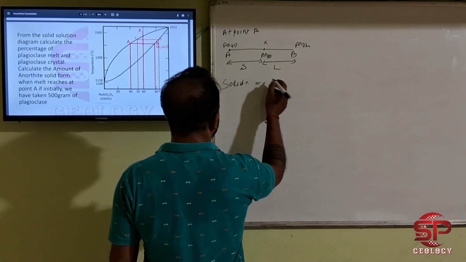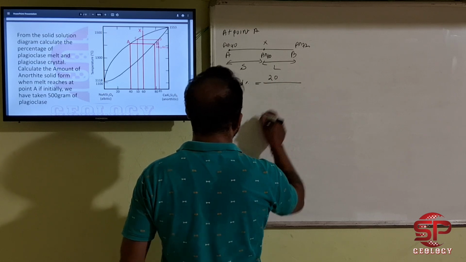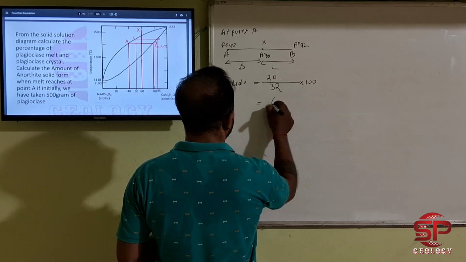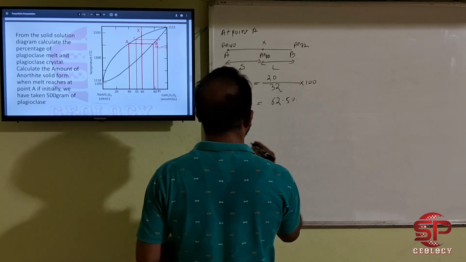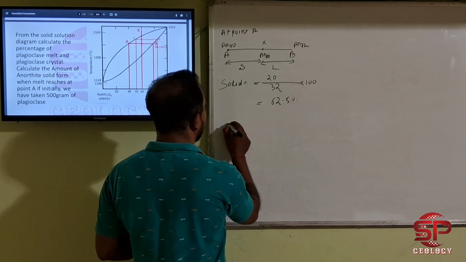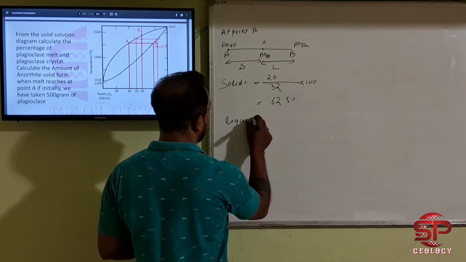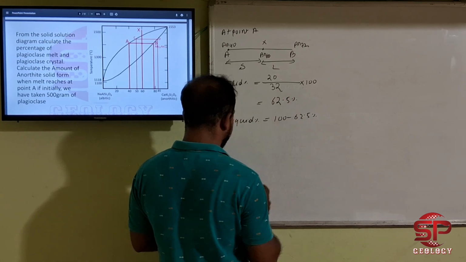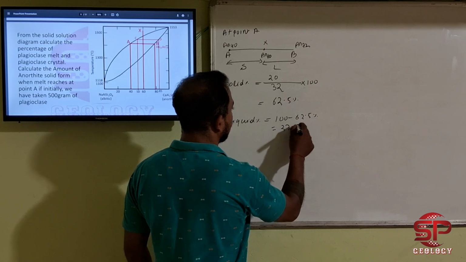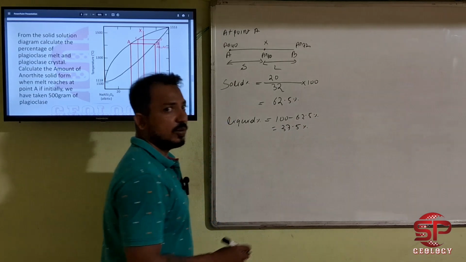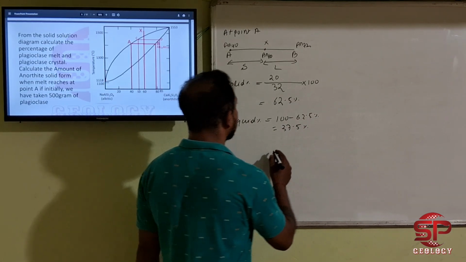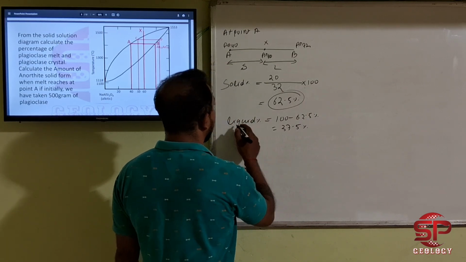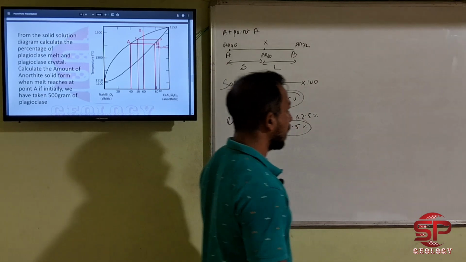The solid percentage will be 20 divided by 32, which is 62.5% solid. Then the liquid percentage will be 100 minus 62.5%, which is 37.5%. So at point A, the solid percentage is 62.5 and the liquid percentage is 37.5.